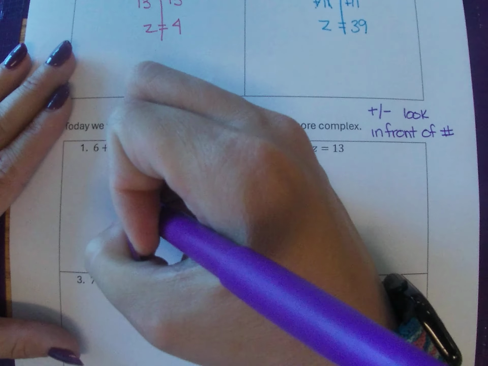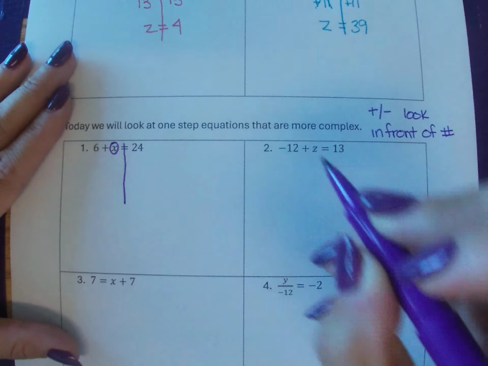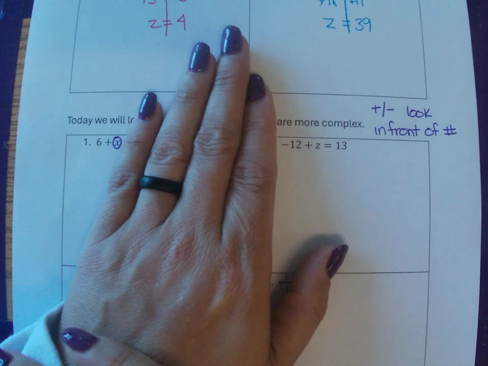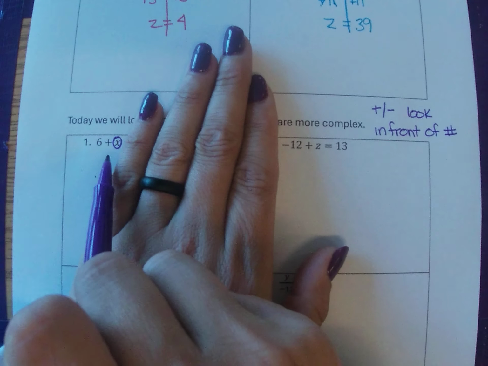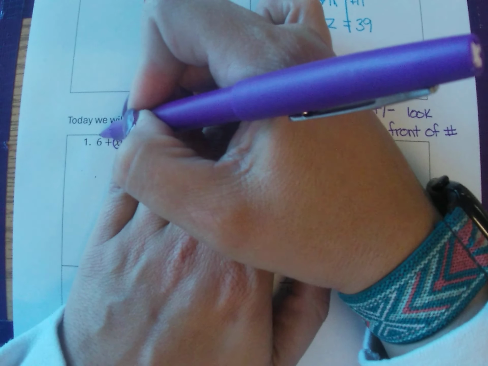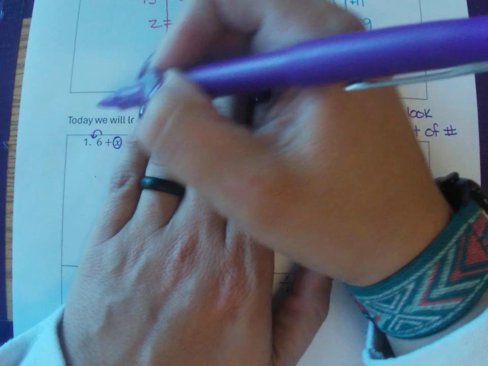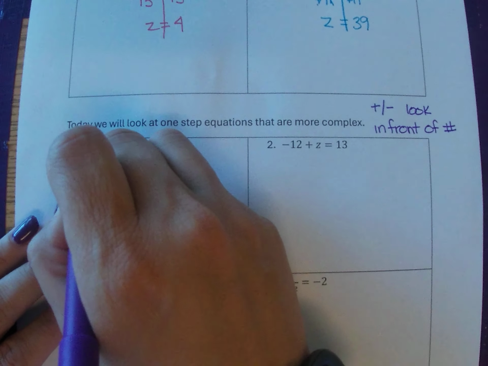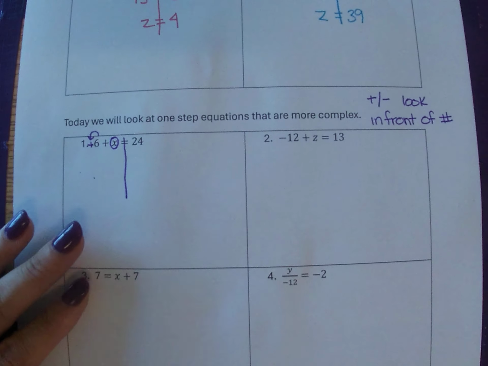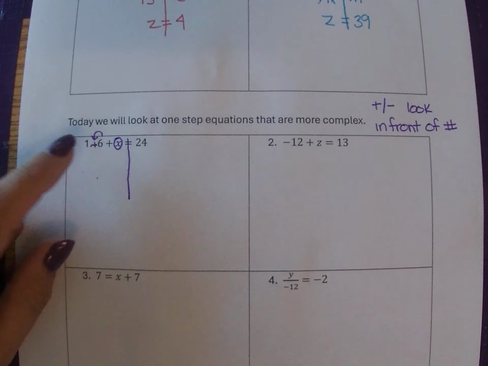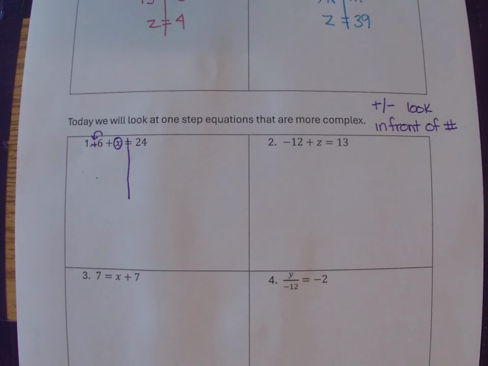So we're still going to draw our line here and we're still going to identify our variable. So I'm looking at this side of the equation. But now instead of just saying, okay, this is addition and subtraction, I am going to look in front of this 6. This 6 is positive, because remember, we said last unit that we always look in front of the number to determine its sign.